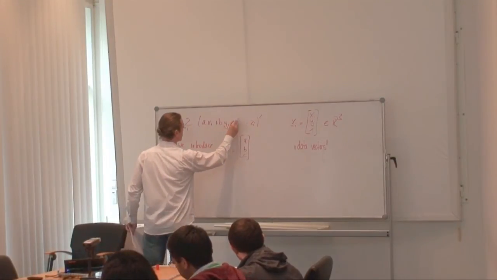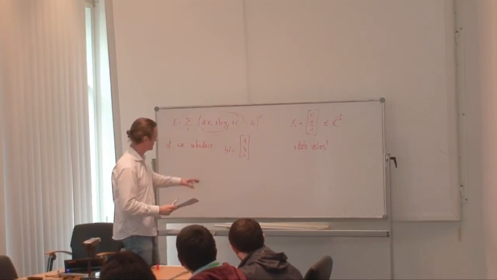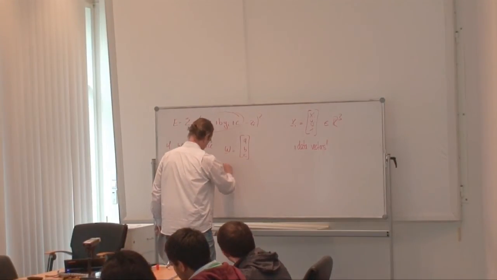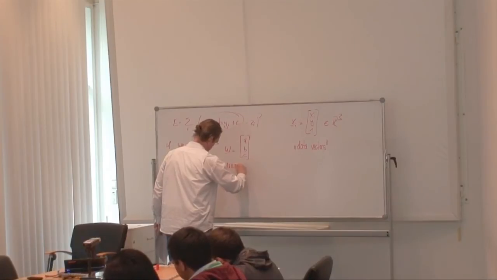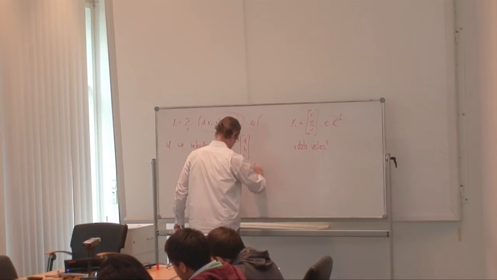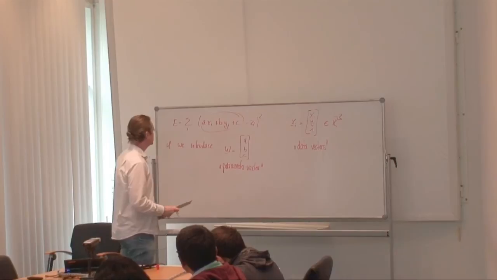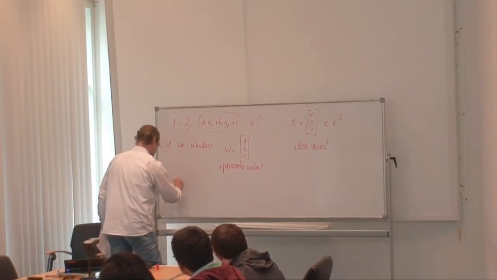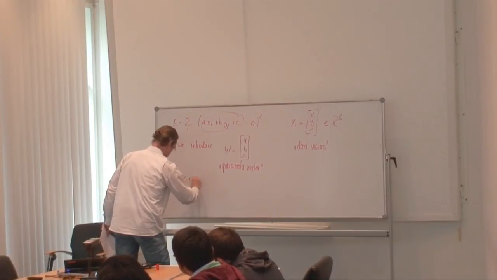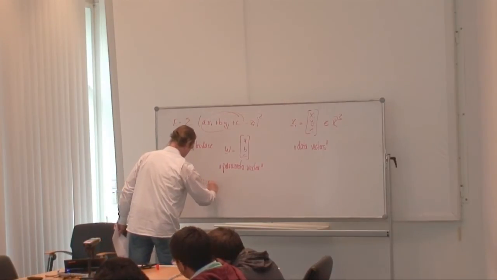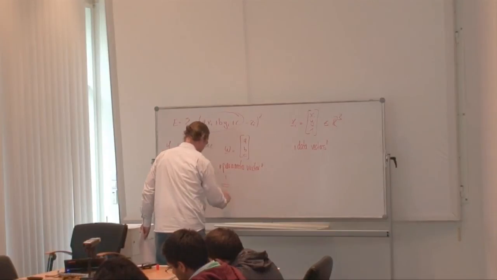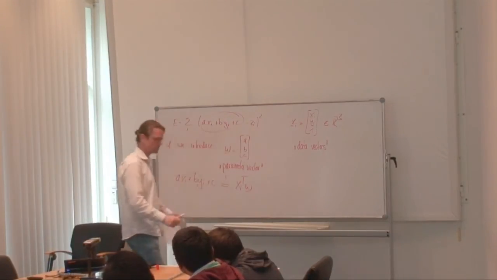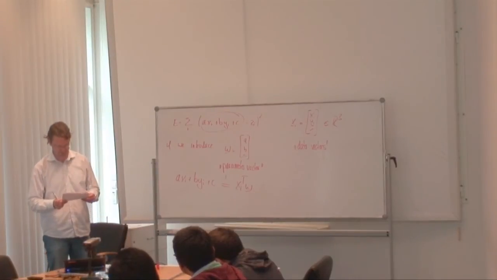Then we can write this if we also introduce a parameter vector. Then A xi plus b yi plus c is in fact the same as the inner product between xi transpose and this parameter vector w.